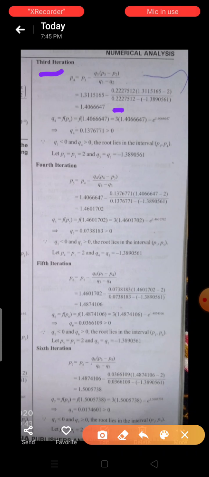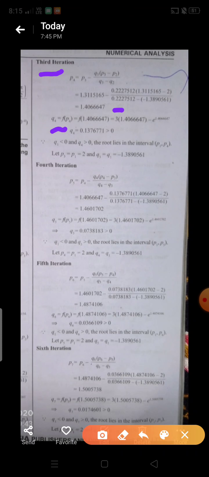Now find out Q4. Q4 is equal to f of P4 is equal to f of 1.406667 is equal to 3 into 1.406667 minus e power 1.406667, implies Q4 is equal to 0.1376771. This is greater than 0.